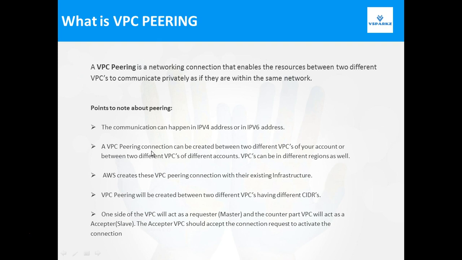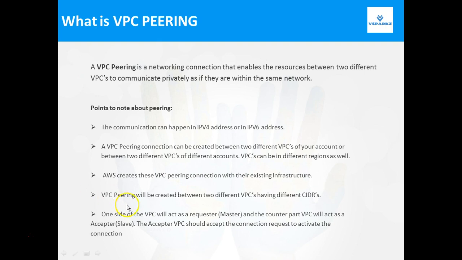So this VPC peering can be done with the VPCs that are in different regions as well. AWS creates these VPC peering connections with their existing infrastructure.